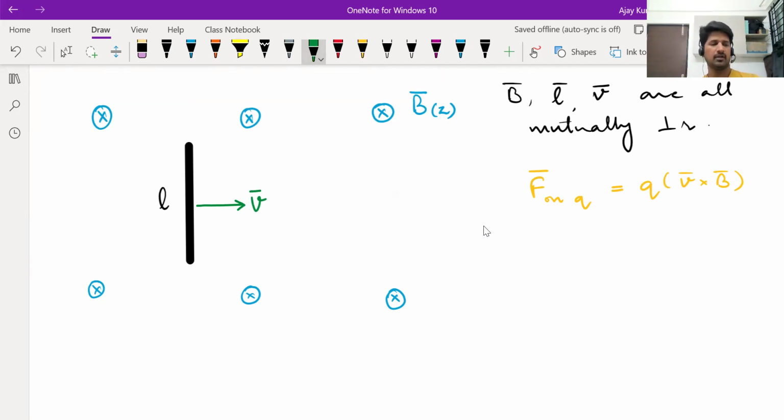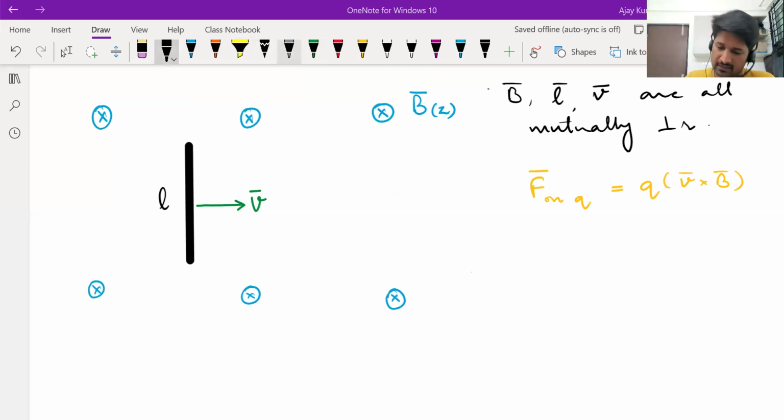What is the direction of V cross B now? Upward. V is to the right, B is into the screen, so V cross B is in the upward direction.